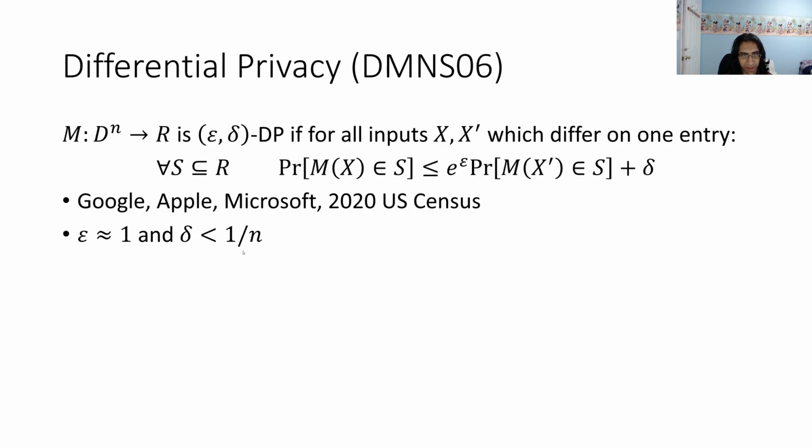The reason is that if it's around 1 over n, there are very simple but very non-private algorithms you can run. For example, an algorithm that satisfies roughly (0, 1 over n) differential privacy, where delta equals 1 over n, is a simple algorithm I've heard called name and shame, where you just pick a random person's data and output their data exactly.